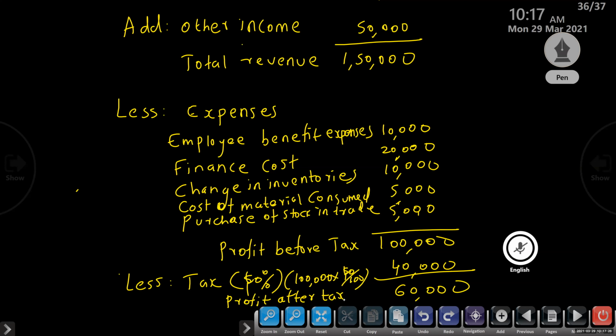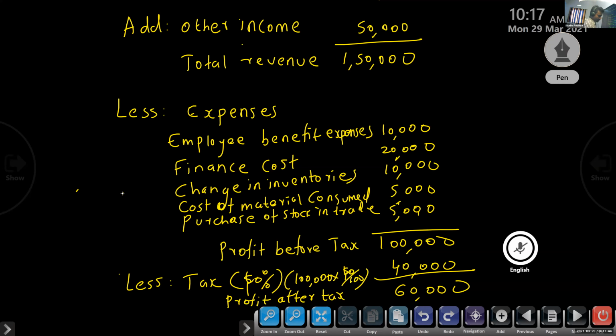This is the format. Revenue from operation, add other income, then you will get total revenue.